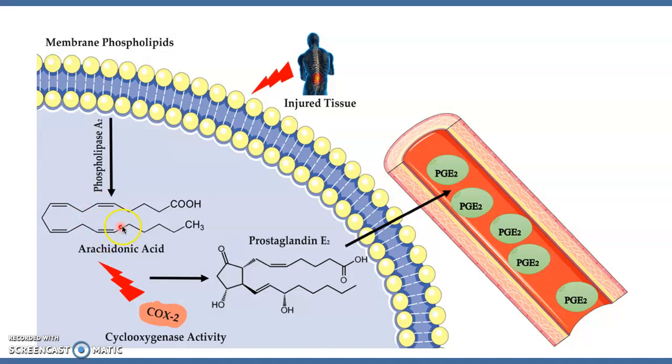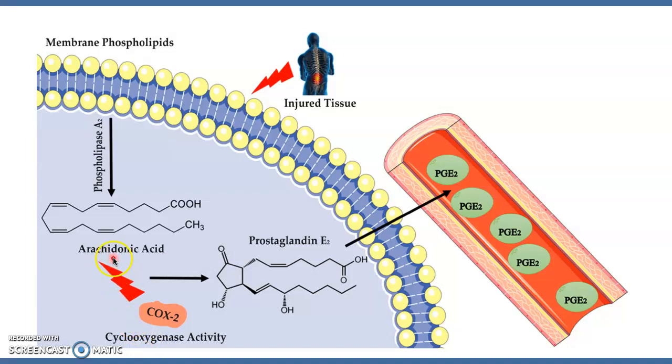Now, to get to a prostaglandin, there's another step, and it's initiated by a cyclooxygenase. These are enzymes, and we call them COX enzymes for short. There's a COX-1 and COX-2 for 2 separate little pathways to get different prostaglandins.